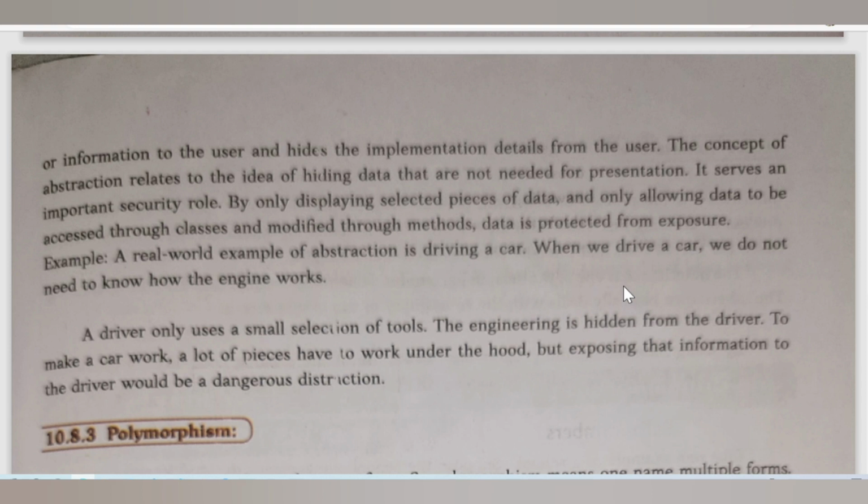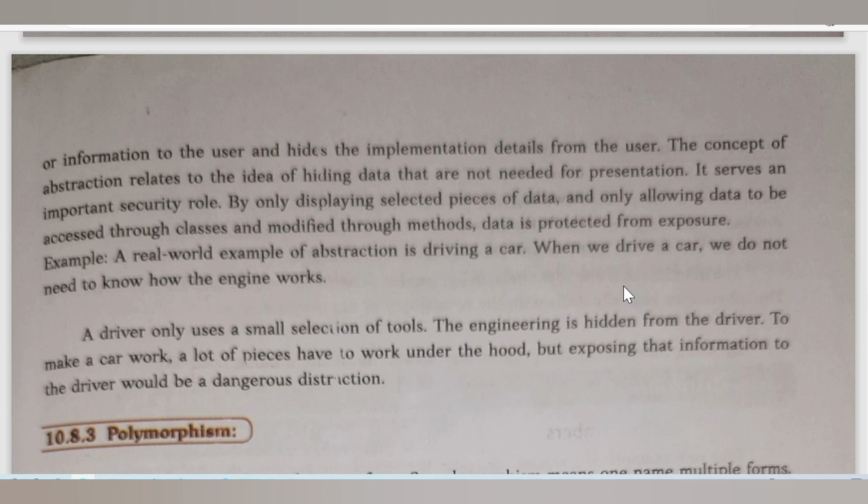The driver uses only a small selection of tools. The engineering is hidden from the driver to make a car work. A lot of pieces work under the hood, but exposing that information to the driver would be a dangerous distraction.